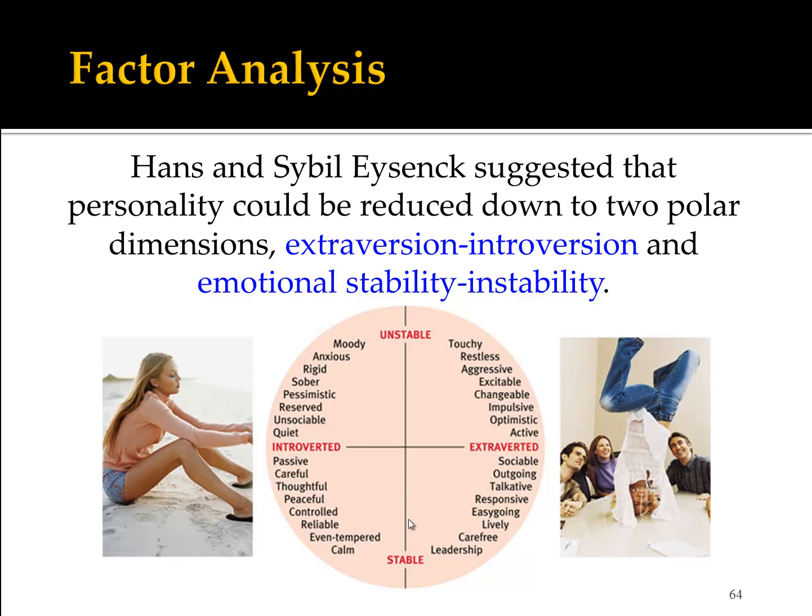I'd certainly rather be identified as being calm as opposed to being identified as moody. It's really preferable, and probably most people who find themselves to be very moody or very touchy would rather be calm and more even-tempered, and so on the stable side. But this is one of the approaches that Hans and Sybil Eysenck came up with.